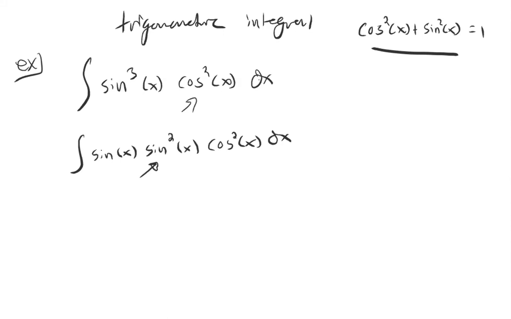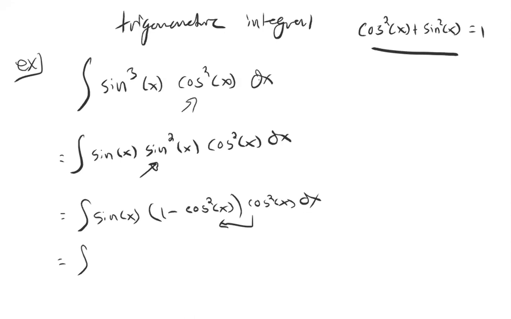So we have sine of x times 1 minus cosine squared of x times cosine squared of x dx. And I'll go ahead and distribute this through. So this is sine of x times cosine squared of x minus cosine to the fourth of x dx.